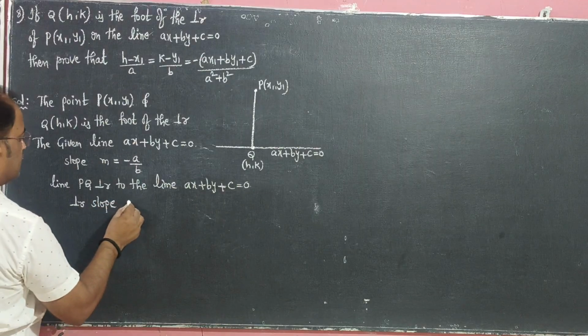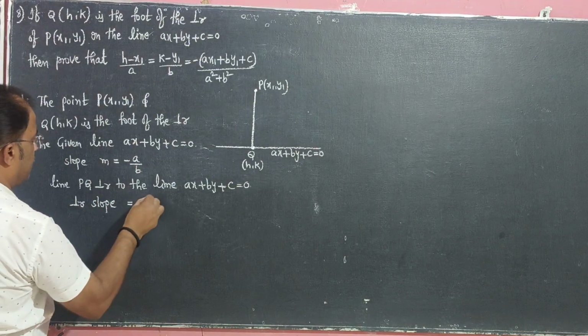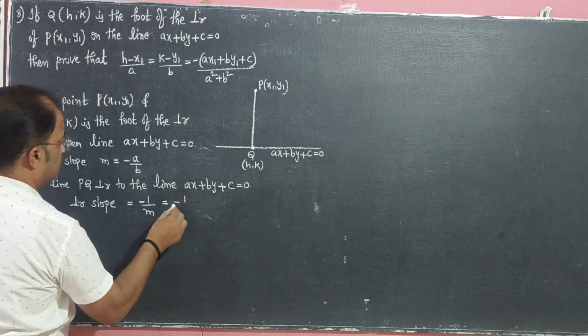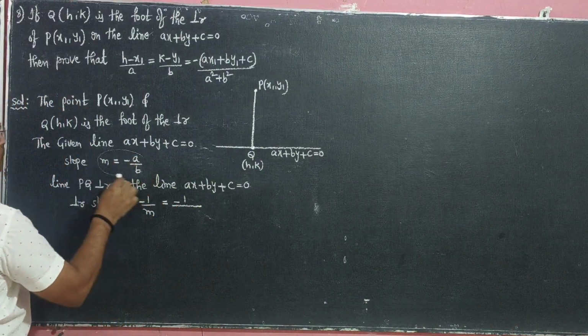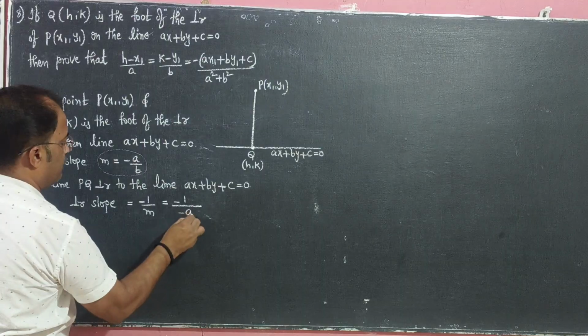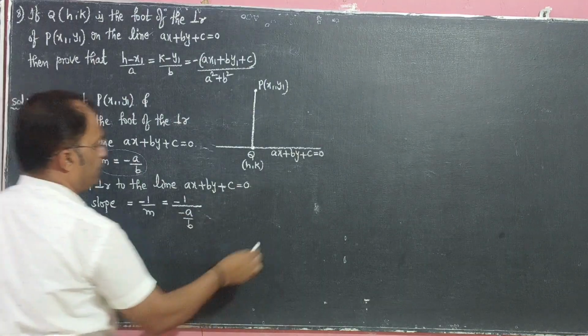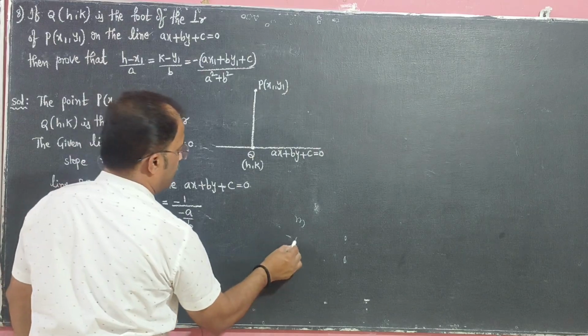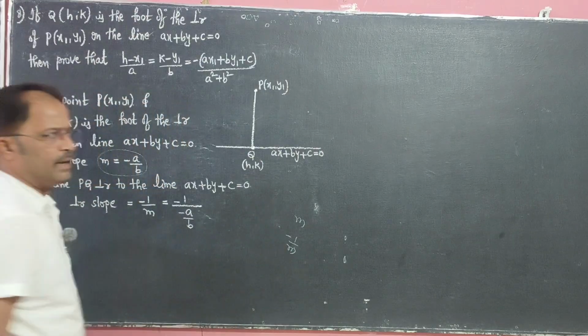Perpendicular slope means minus 1 by m. So minus 1 by, what is the m value? Minus a by b. Clear? So the slope of a parallel line is m, the slope of a perpendicular line is minus 1 by m.